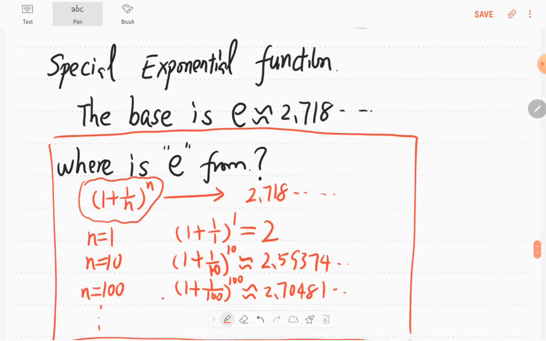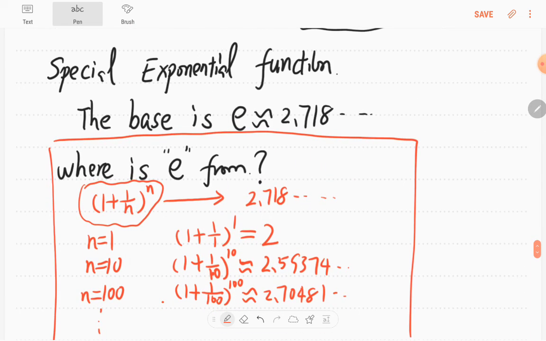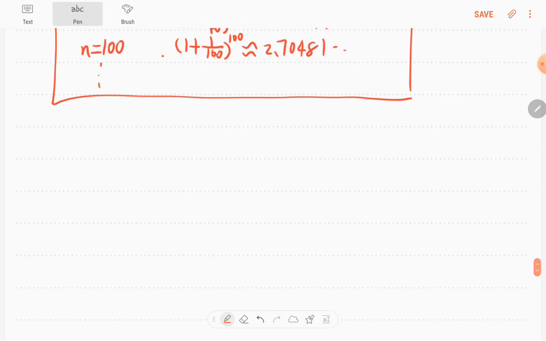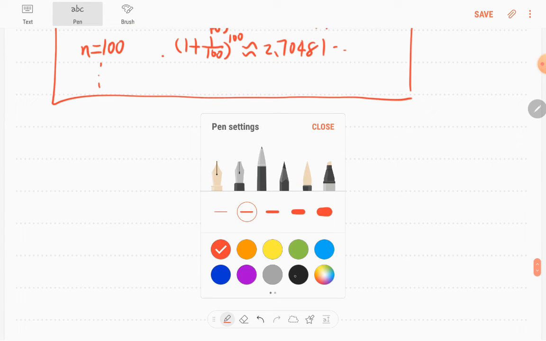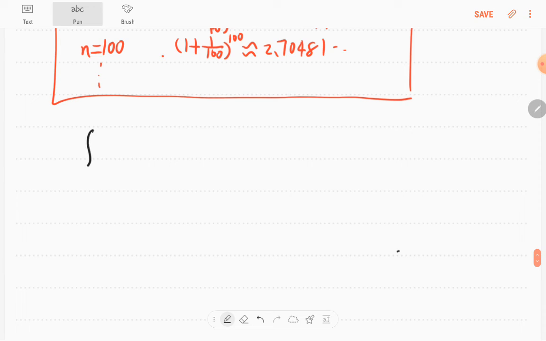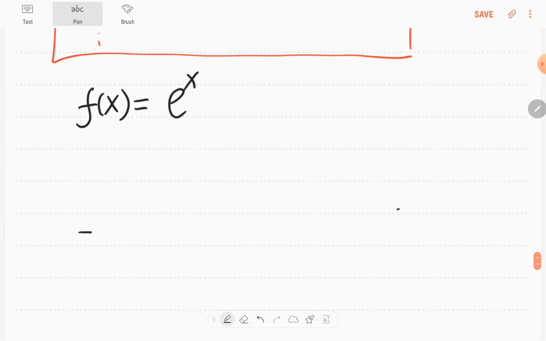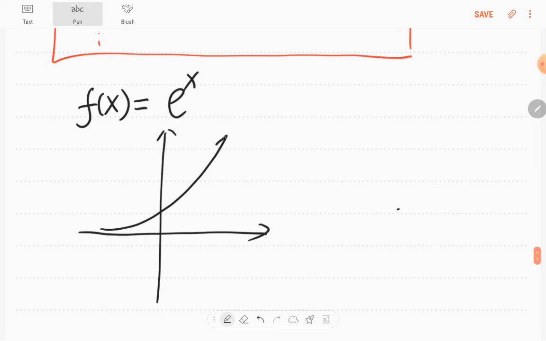So now, our special exponential function is actually this one, f of x equals e to the x. So remember, e is 2.718, which is greater than 1, right? So the graph would be this one. It still goes through the point 0, 1.